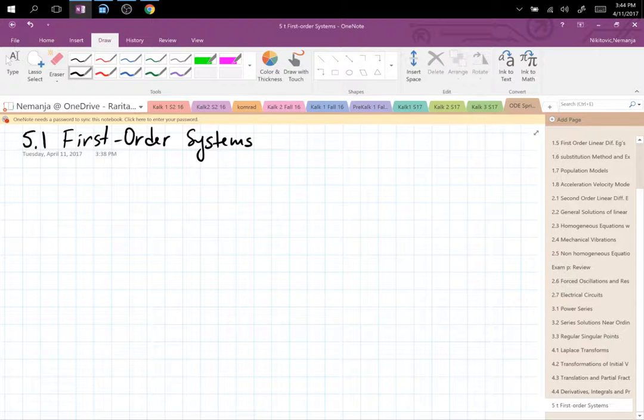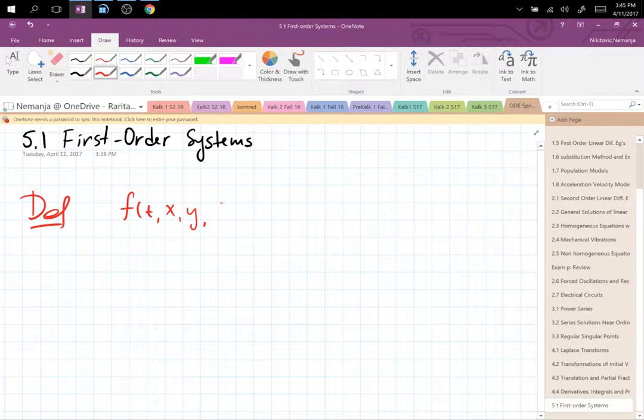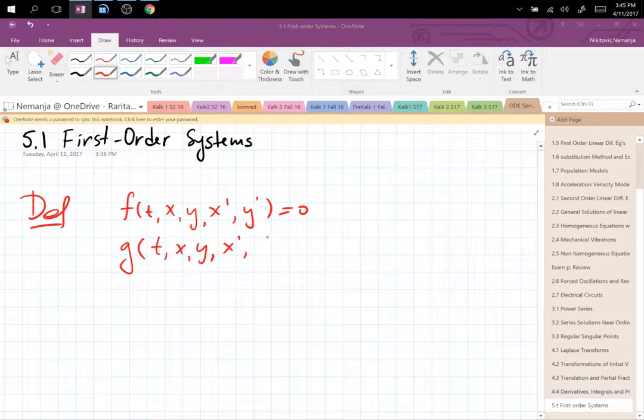I would like to first define how this looks. So definition, we are going to take a look at f of t, x, y, x prime, y prime equal to 0. And then second equation, g of t, x, y, x prime, y prime.